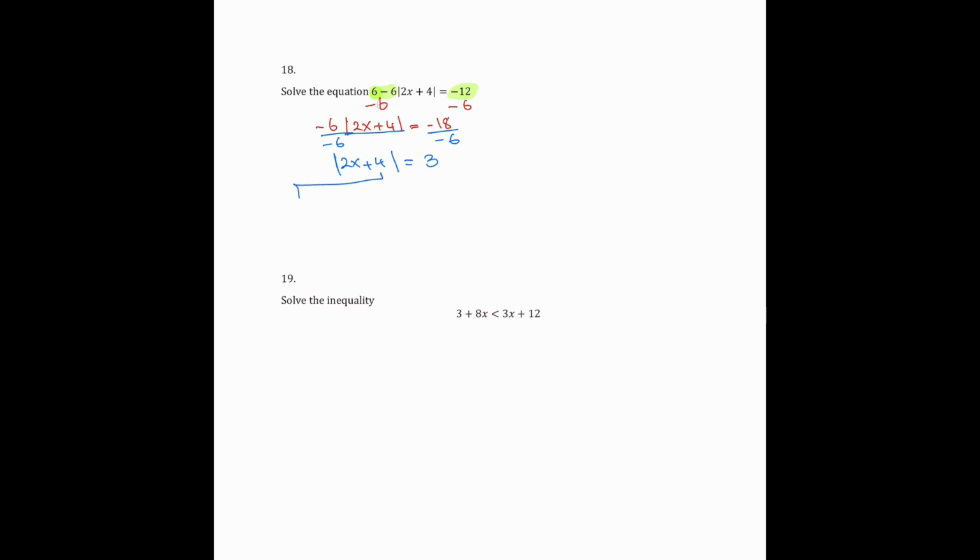Now I'm going to split this into two equations. 2x plus 4 equals 3. 2x plus 4 equals negative 3. 2x equals negative 1.